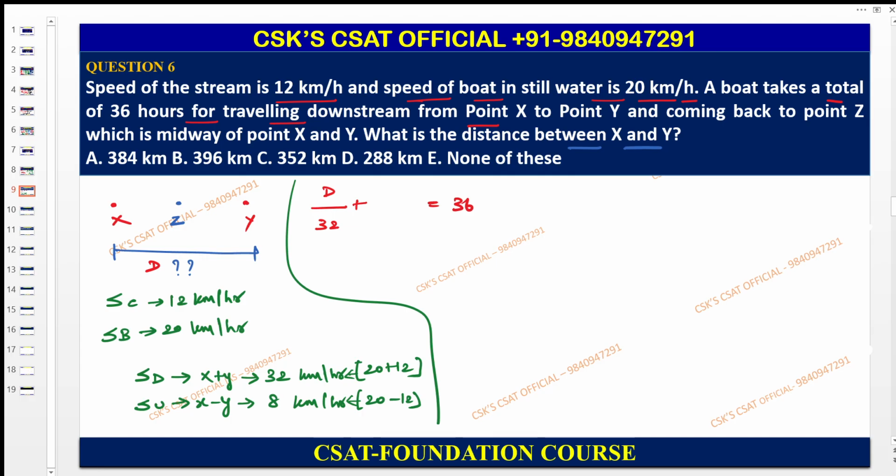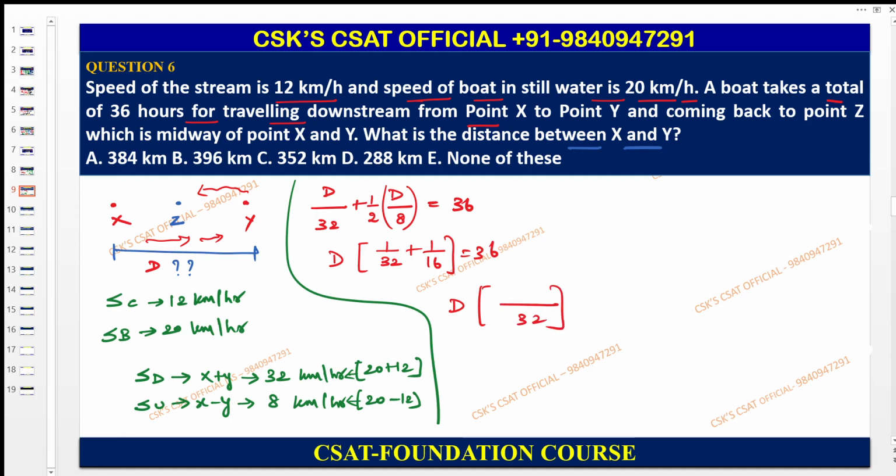d by, moving along the river. X to Y means along the river, downstream. So that speed is nothing but 32, plus, now try to understand, from Y to Z of a distance, so d by 2, with the speed of upstream, against, because this is coming in this direction, so the river is flowing in this direction, so against means x minus y.